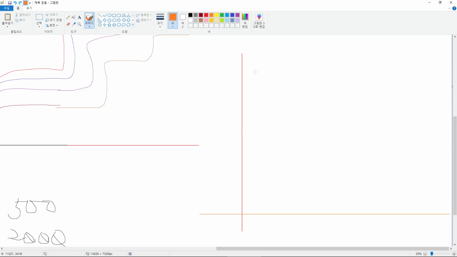Or start with 50 and gradually decrease, all the way down to 10 items, something like that. 50, 40, 30, 20, 10.